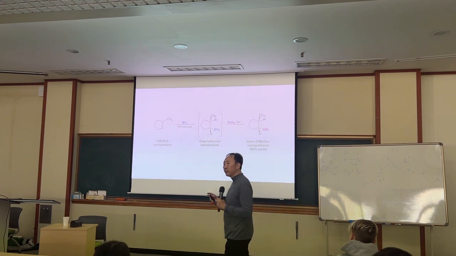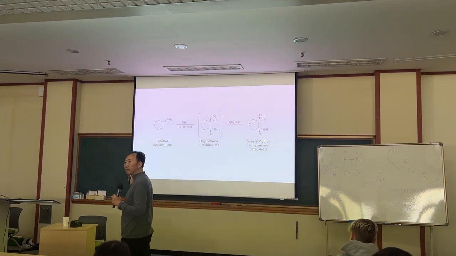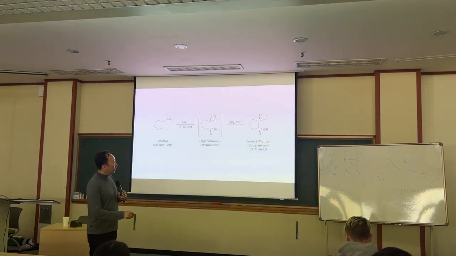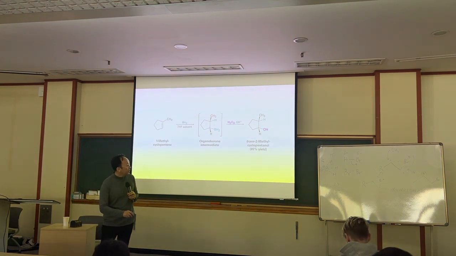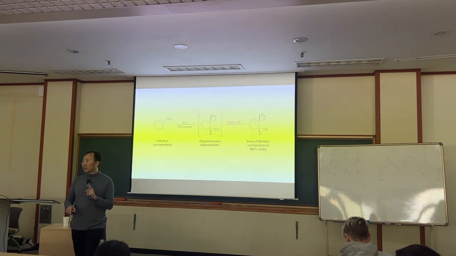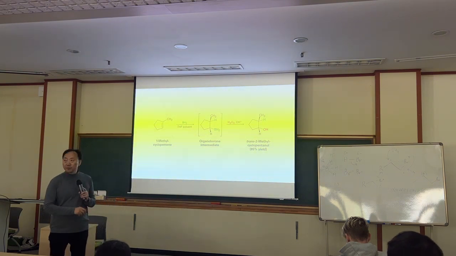The other thing is the stereochemistry. When we looked at the bromonium case, the attack of a nucleophile happened from behind, right? Yes. That's why the product was a trans product. In the hydroboration case, the product is a cis product.